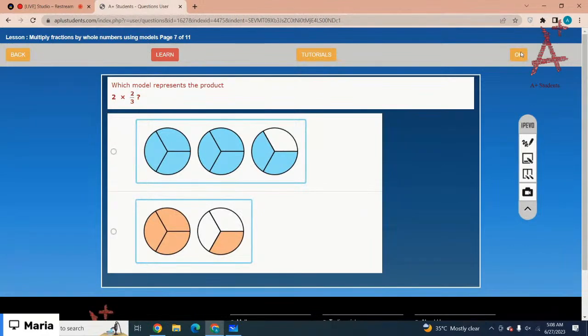2 times 2 over 3, which is the correct option?